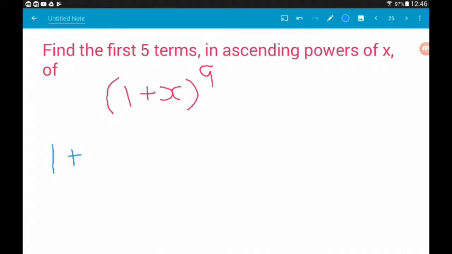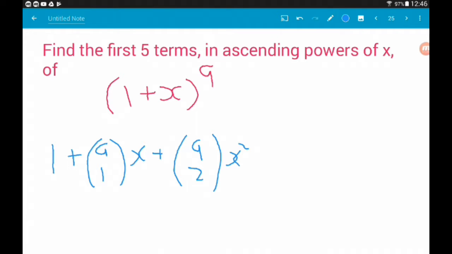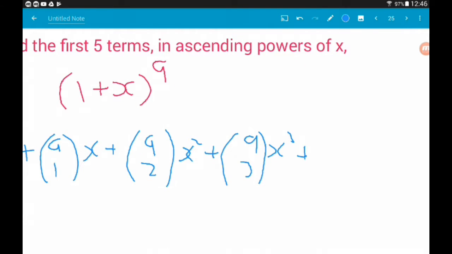So it's going to be 9 choose 1 x, and then 9 choose 2 x squared, and then 9 choose 3 x cubed, and then 9 choose 4 x to the power of 4.